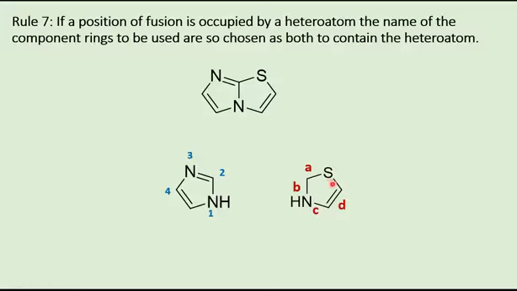This is the thiazole ring, so we start from sulfur: S1, 2, 3, 4 and 5. Atoms 1 and 2 get letter a, 2 and 3 letter b, and 3 and 4 letter c.